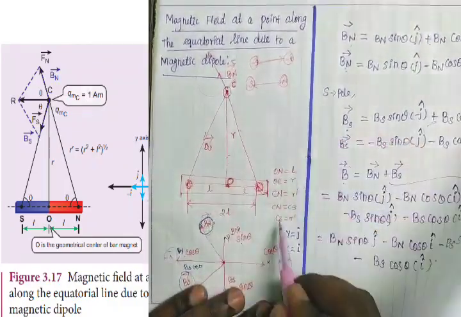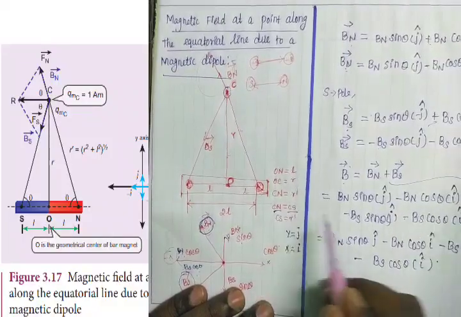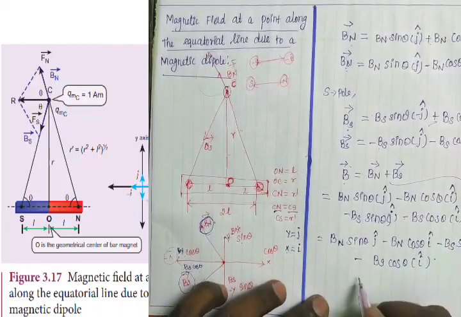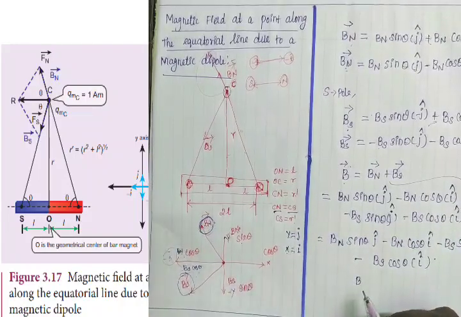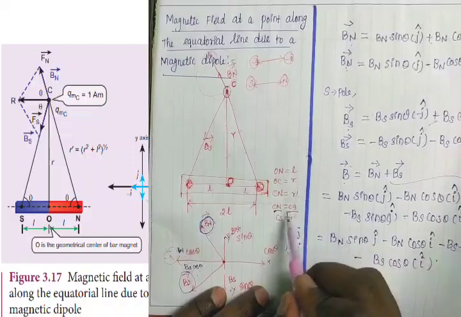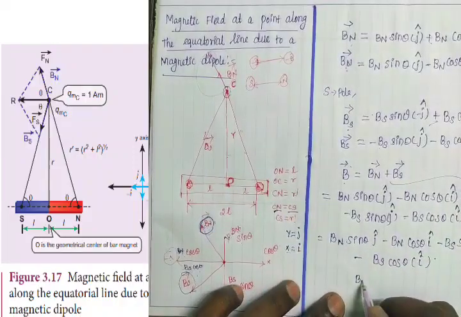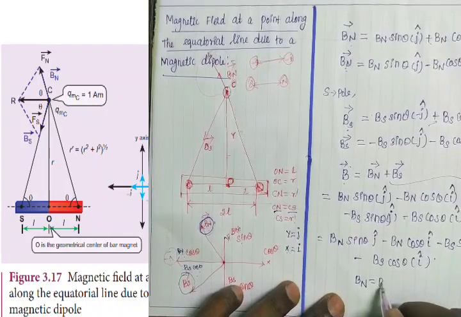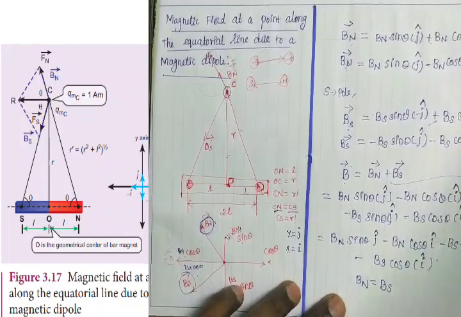Here distance of Cn and also Cs are equal, that means r dash and also r dash. So distance equal means magnetic field value also equal. Suppose distance different means magnetic field value also different, but in this case distance same. That means magnetic field of north pole Bn is equal to magnetic field of south pole.